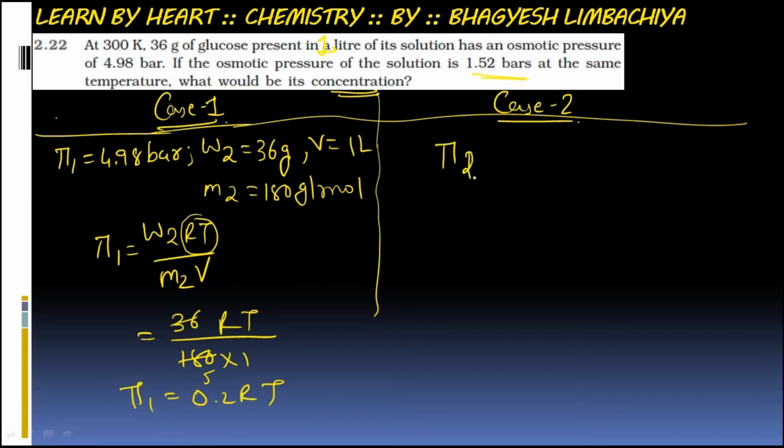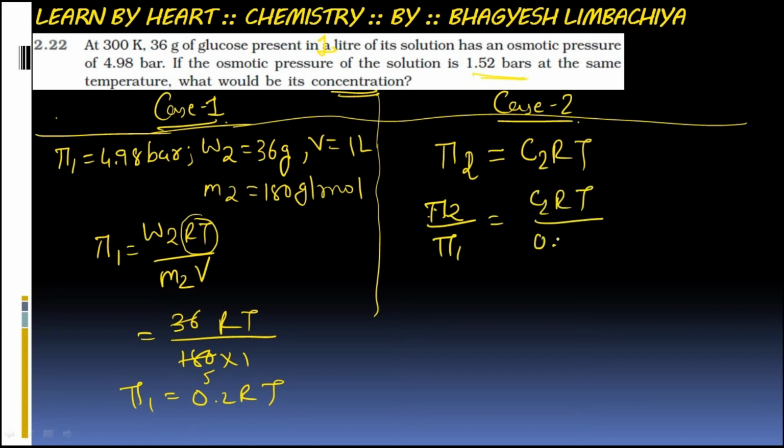Similarly, pi 2 is given to you 1.52, and the formula is pi 2 equals C2 RT. Why is C2 written? Because here concentration is asked. So pi 2 by pi 1 is taken, then it will be C2 RT divided by 0.2 RT. So now the RT term is cancelled.